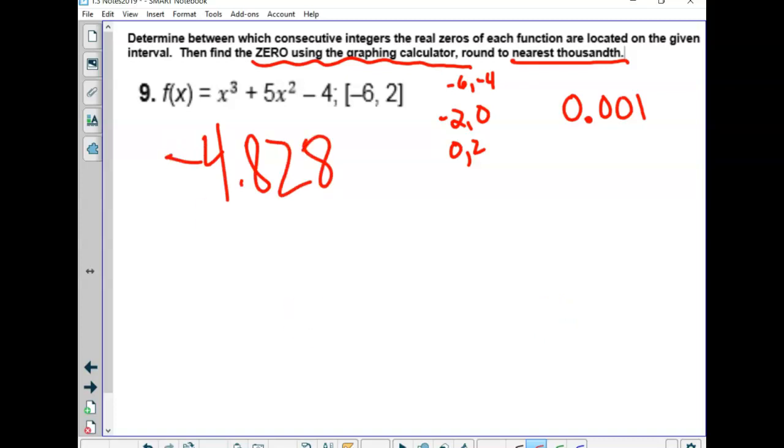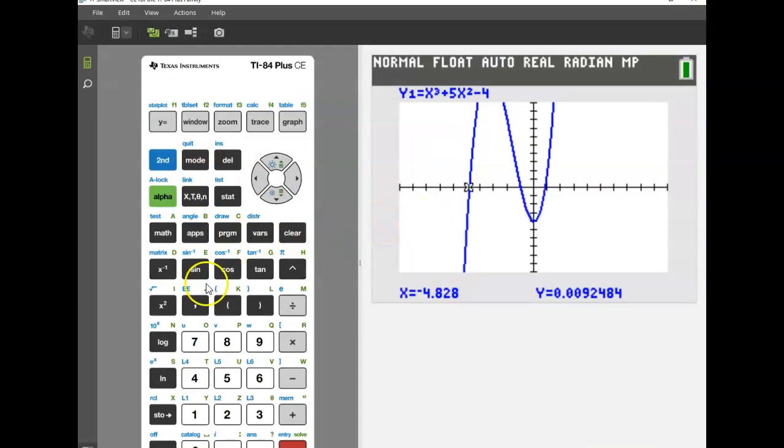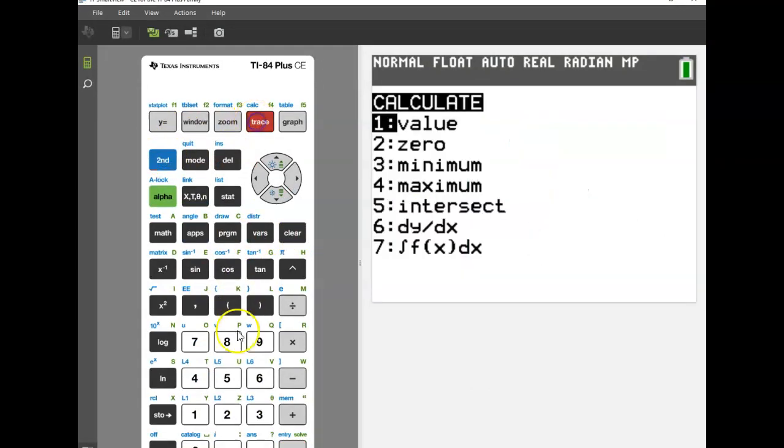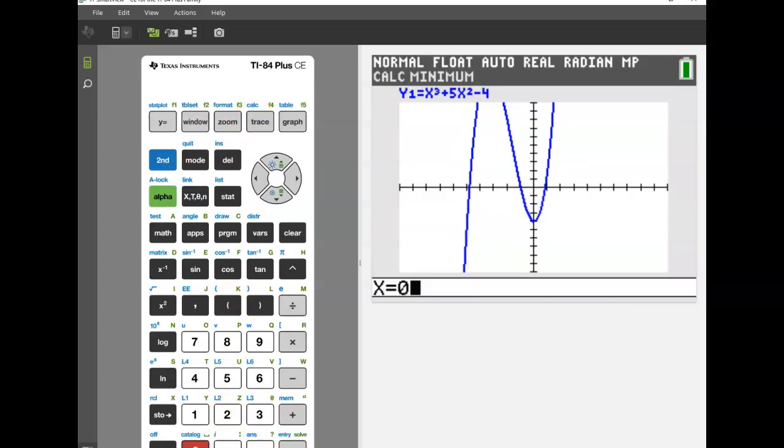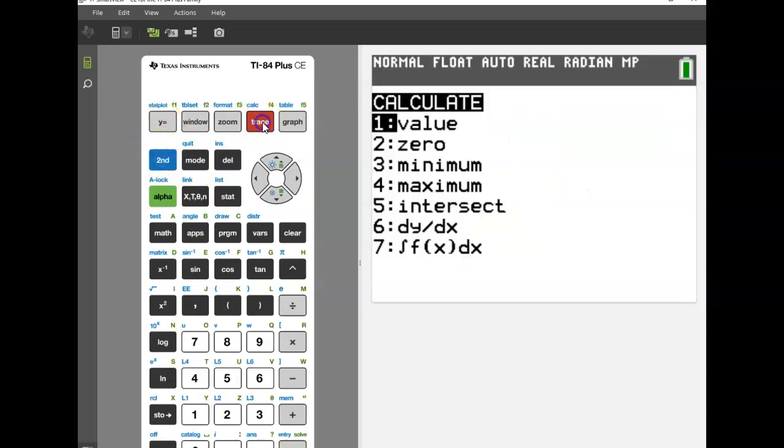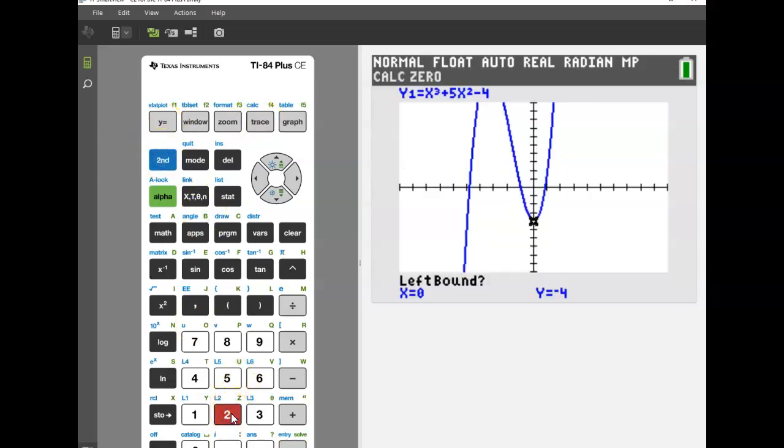Where's there another one? Can you find the other two, guys, quickly? Second trace between -3 and 0. Close enough. I didn't even have the right thing going. Number 2. Left bound -2, 0. Make sure it's not on guess.